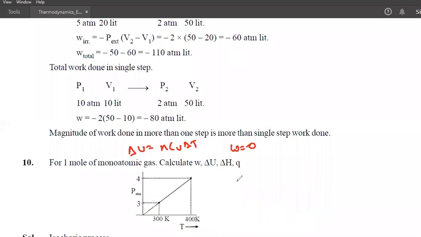So delta U is nCv dT. So n is equal to 1 into Cv, tell me, monoatomic gas, so 3 by 2 R, right? And delta T is 100. So this is 150 R. Delta U is equal to 150 R. Got it, everyone?